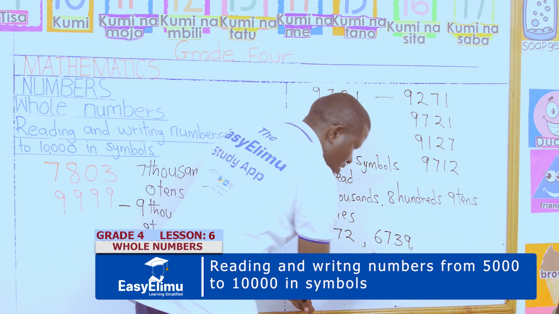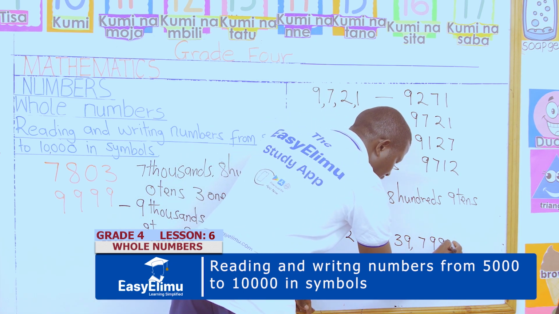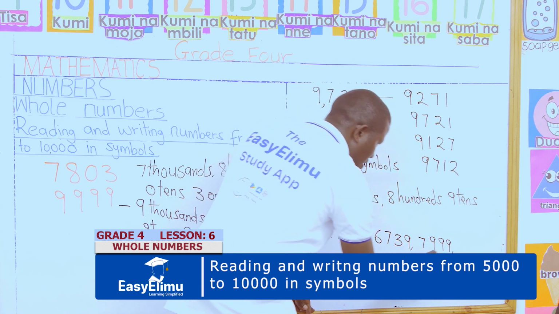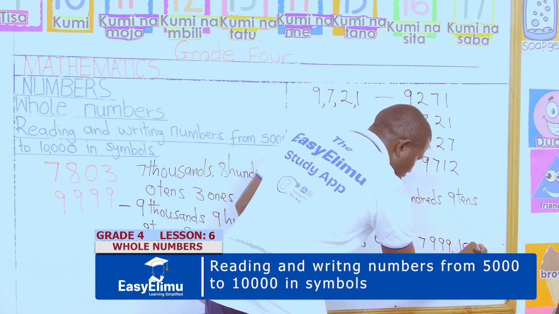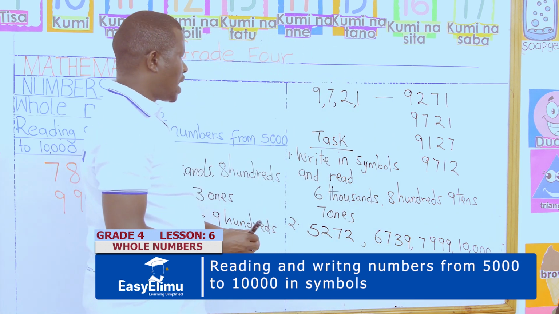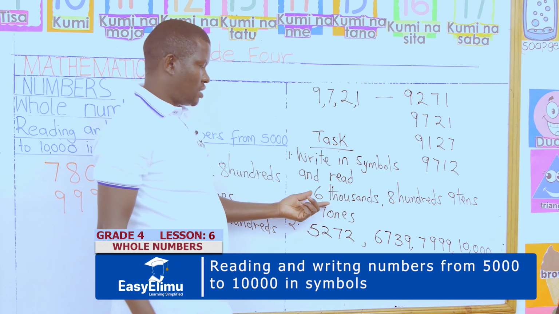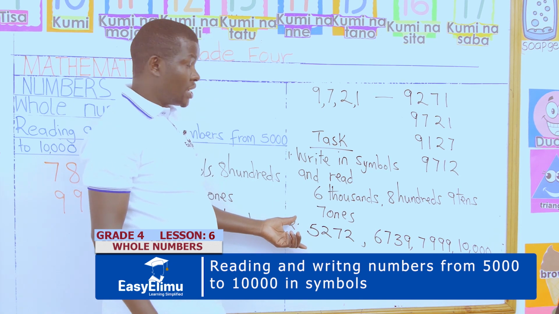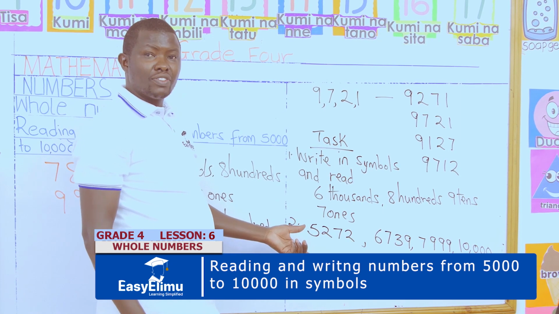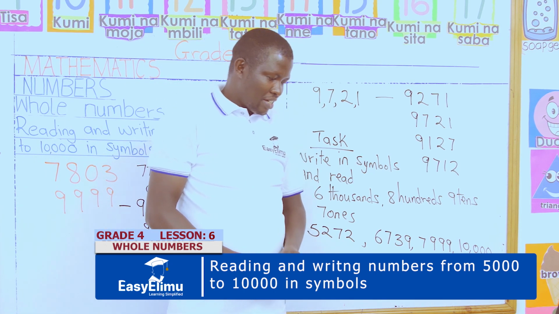You can also read 7,999, and the last one will be 10,000. These we are reading and writing. We are writing in symbols and reading. This is our task for today that I would like us to tackle.